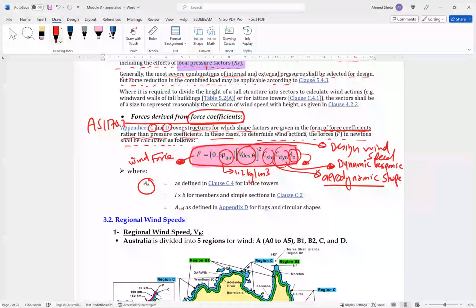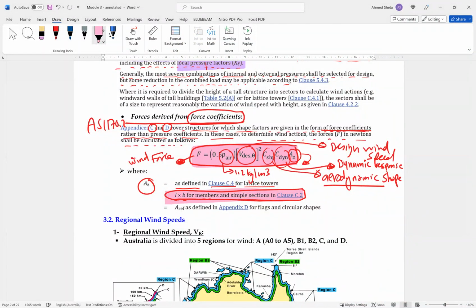So AZ is as defined in clause C4 for lattice towers, or A is L times B for members and simple sections. This is the main focus for us, so if we need this formula, we'll use this one.